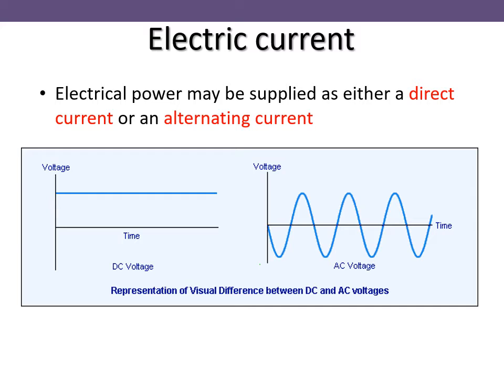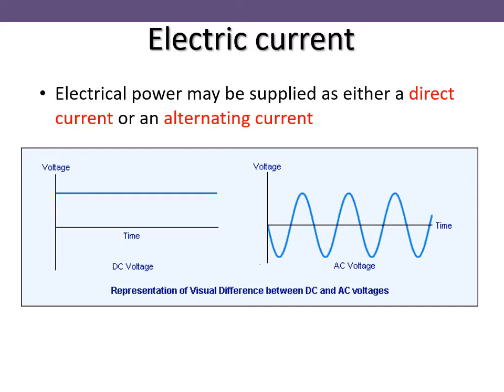We all know that the power we get out of our power points, out of the wall, is AC current, but the power that gets used by appliances, by your computer, by your phone charger, by your microwave has to be direct current.